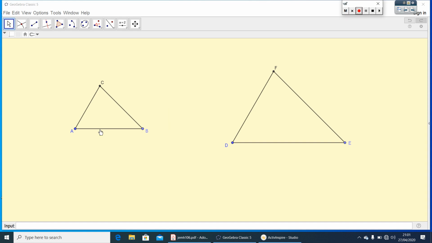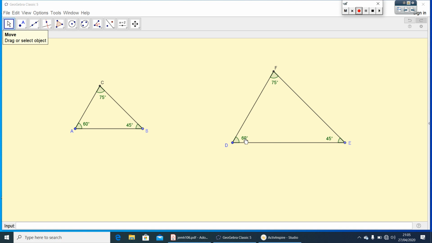Here I have two triangles, triangle ABC and triangle DEF. Let us measure its angles. Here, angle A is equal to 60, angle B is equal to 45, angle C is equal to 75 degrees. Now let me check the measure of the angles of triangle DEF.